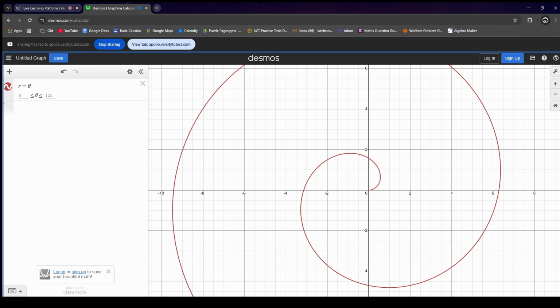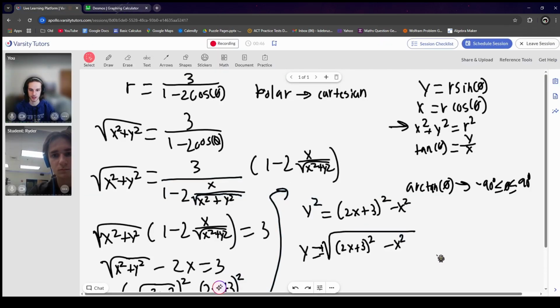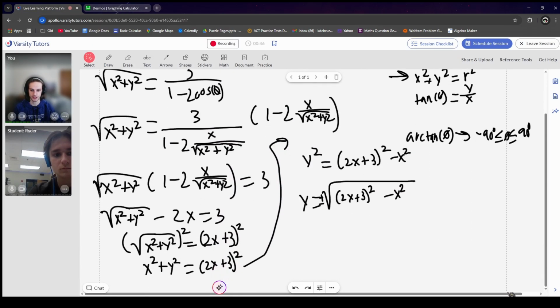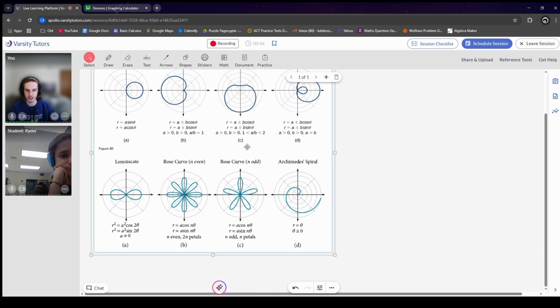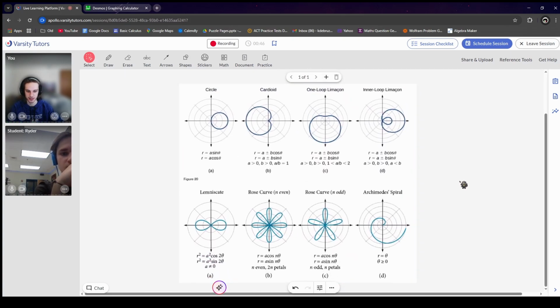These are all the basic polar graphs, and they have all these funky names. Rose curves, limacon. I actually don't know how the C is pronounced.